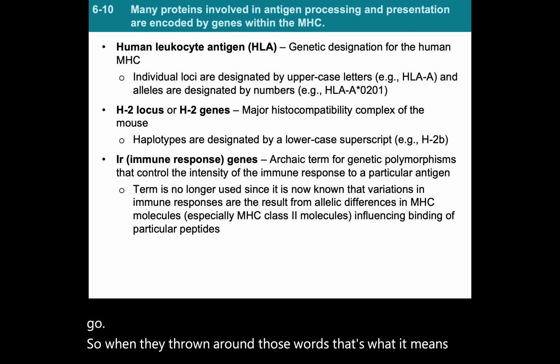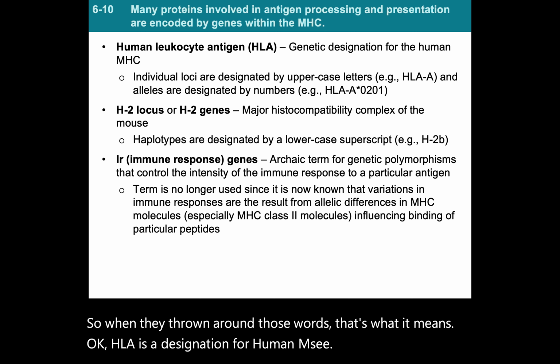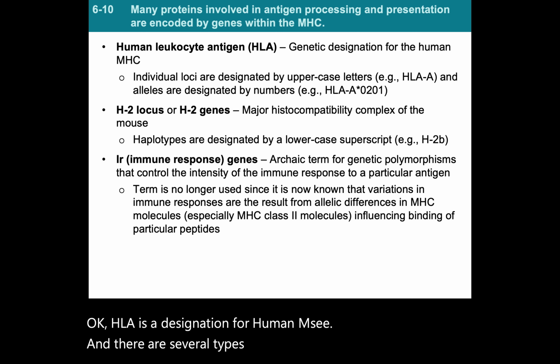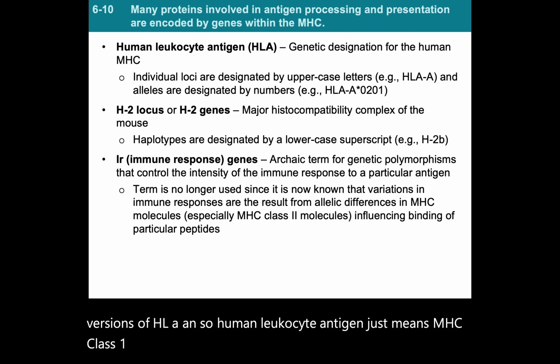Okay, HLA is a designation for human MHC. And there are several types of these. They're going to be the A, B, and C versions of HLA. And so human leukocyte antigen just means MHC class 1 for the most part.